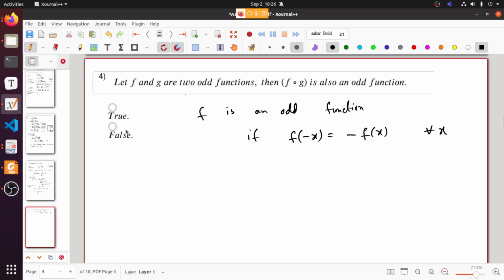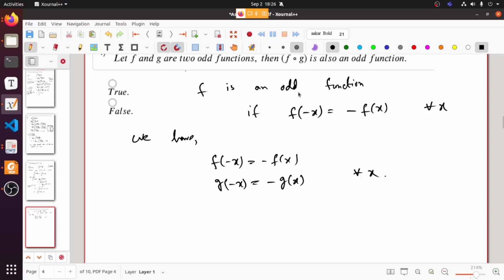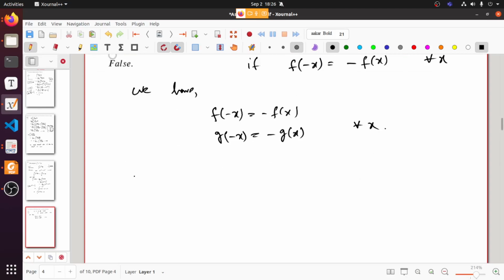It's given that f and g are two odd functions, so we have f of minus x equals minus of f x, and g of minus x equals minus of g x, for all x. You have to check f compose g is also an odd function. So f compose g of minus x we will take.